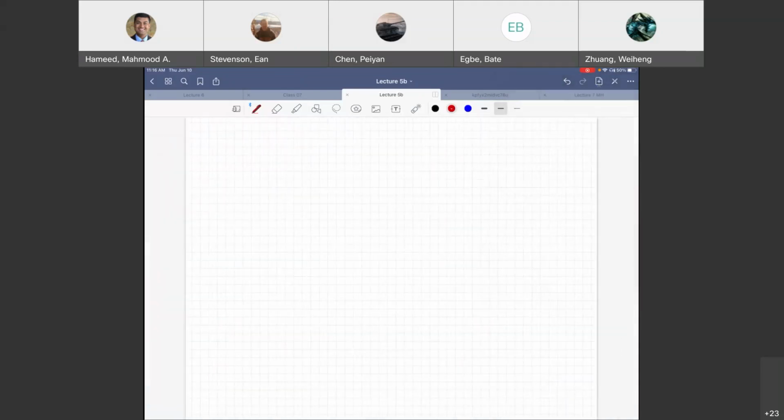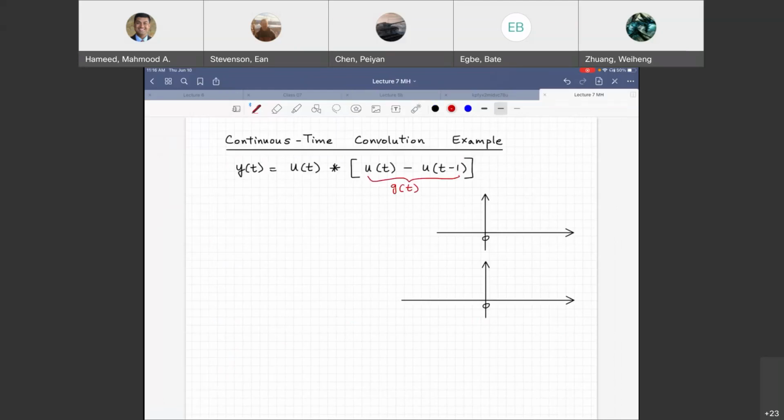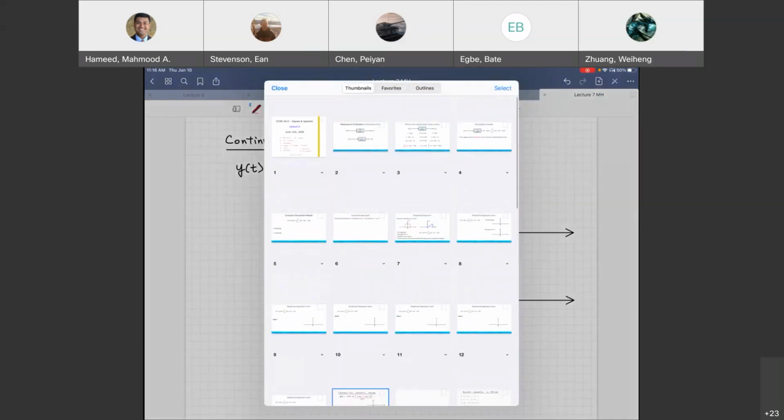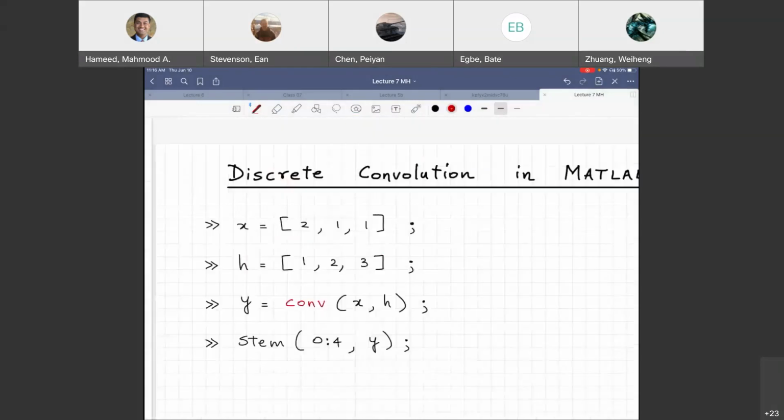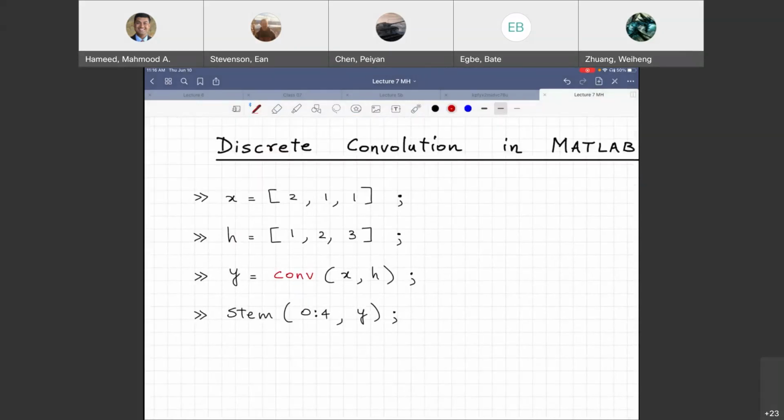Some of you may like Matlab. For those of you who like Matlab, let me give you a sort of incentive. Discrete convolution in Matlab. How can you do it?